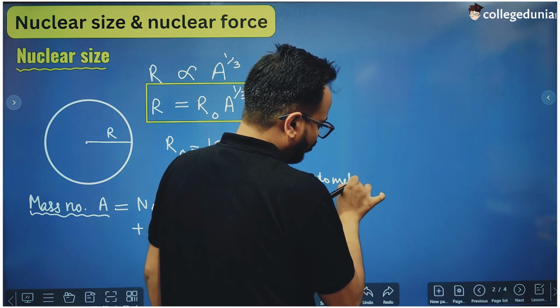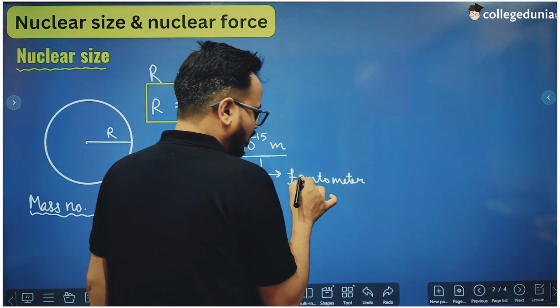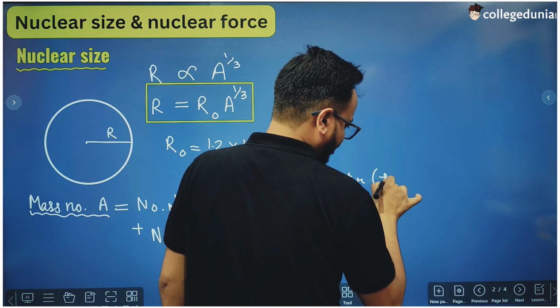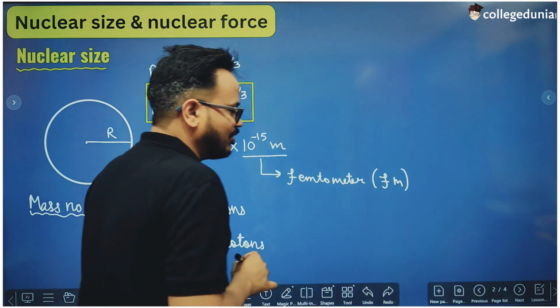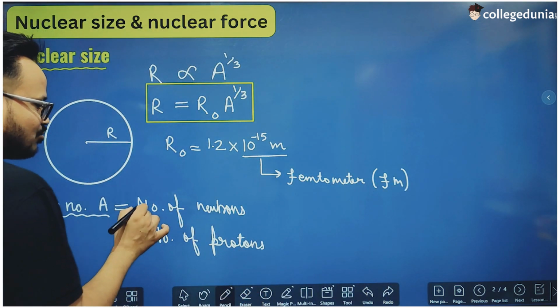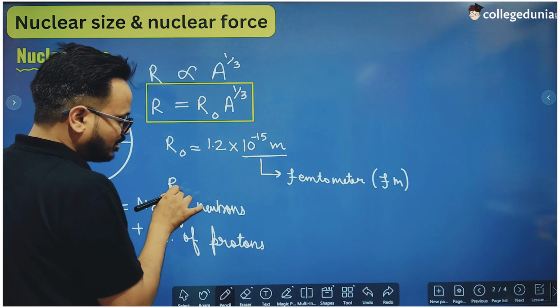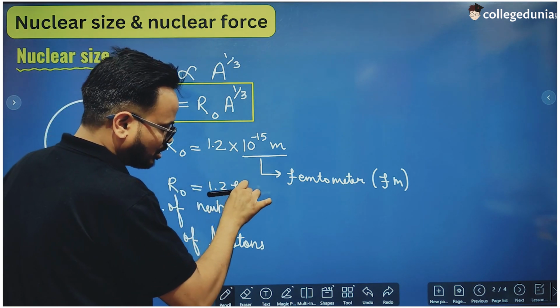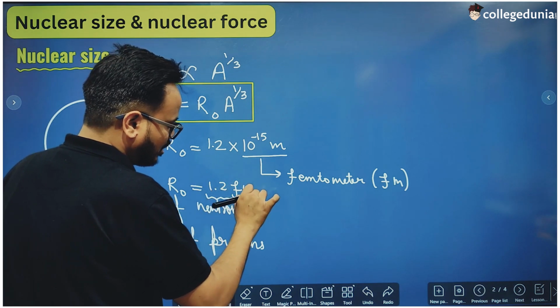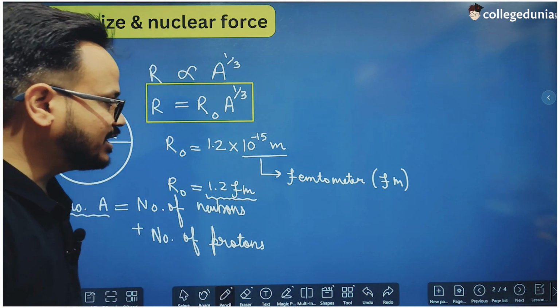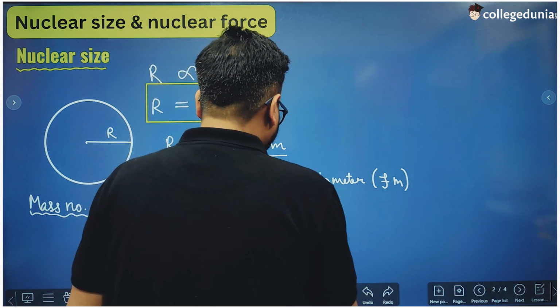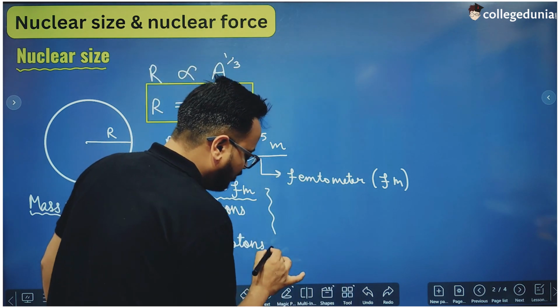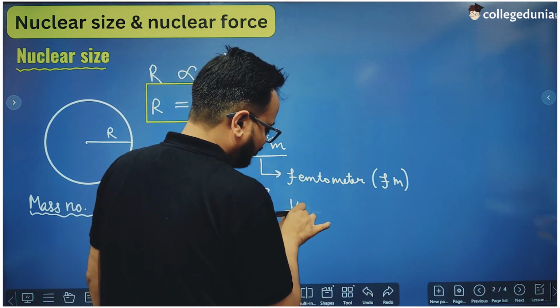In short, it is called FM, not the radio wala FM, it is femtometer. So the value of R naught is 1.2 femtometer, right?